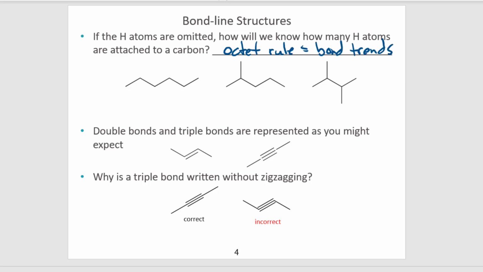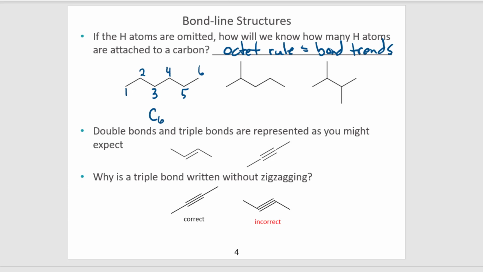Bond trends are going to help us. These 3 molecules do not have a charge attributed to them. Therefore, I can make very quick assumptions about each carbon. I can number my carbons and say how many carbons are in each of these molecules. 1, 2, 3, 4, 5, 6. So there are 6 carbons. This is a C6 molecule.